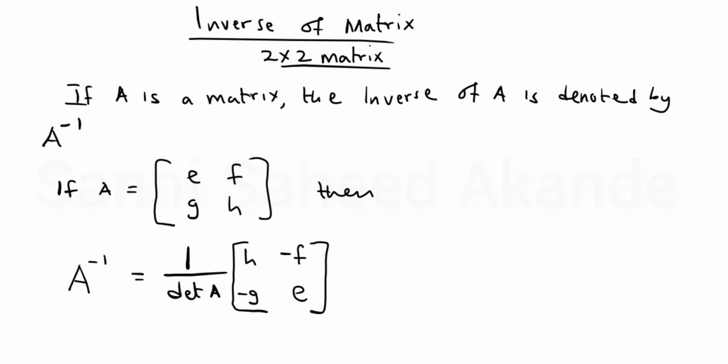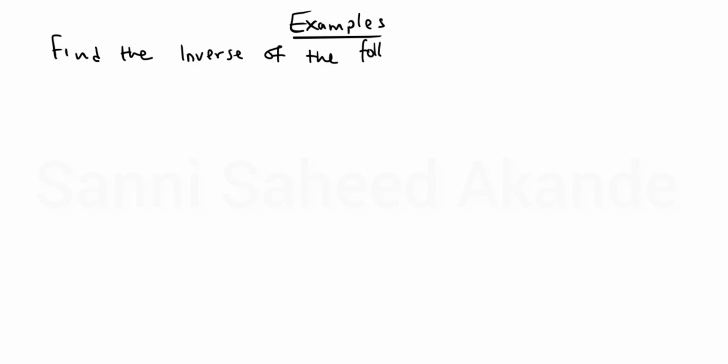All right, so for you to understand it better, we are going to take a look at some examples. Is that okay? Examples now. So the first question here says find the inverse of the following matrices.